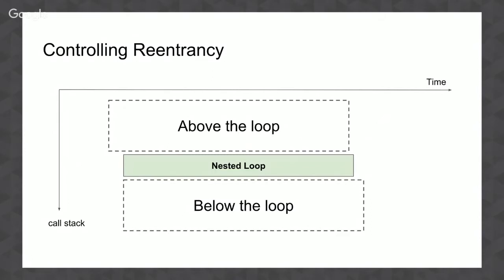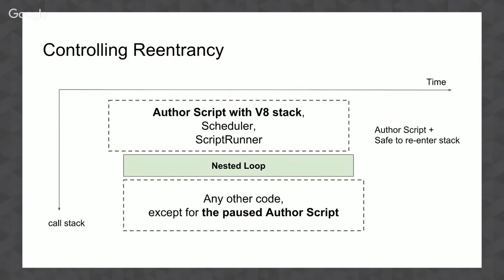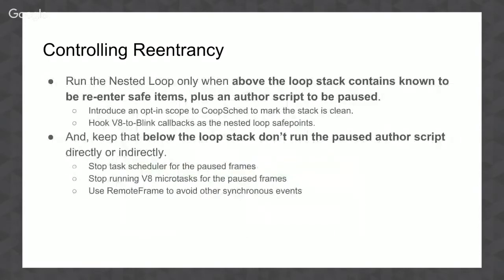So for reentrance safety, we will restrict the above-the-loop stack to contain only safe-to-reenter code plus the paused author script, and we will make the below-the-loop stack contain any other code except the paused author script, so that unsafe-to-reenter code is not re-entered.